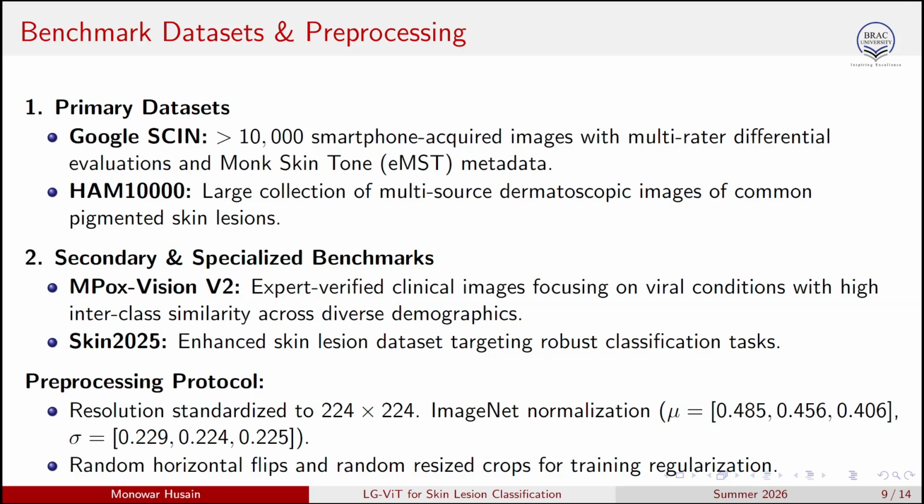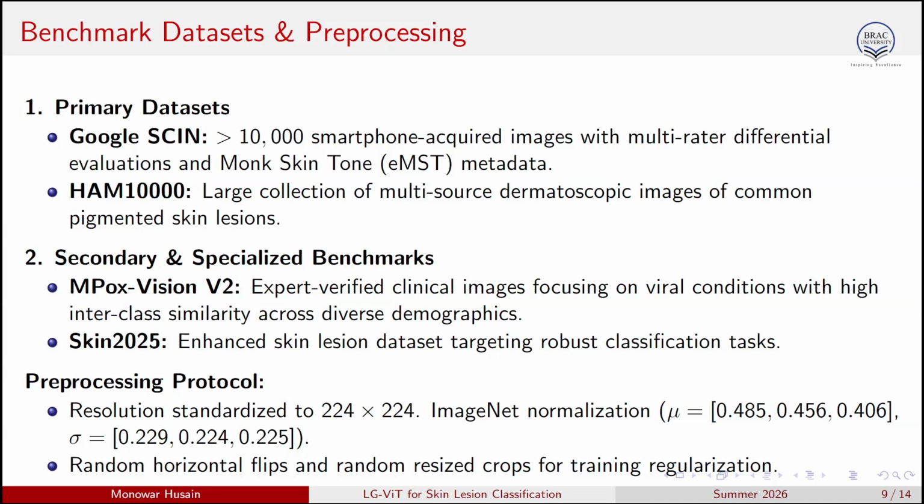To validate the architecture, we utilize four diverse benchmark datasets. Our primary datasets are Google SCIN, which contains over 10,000 real-world clinical images with multi-dermatologist differential evaluation and Monk skin tone metadata, and the HAM10000 dataset for common pigmented lesions.